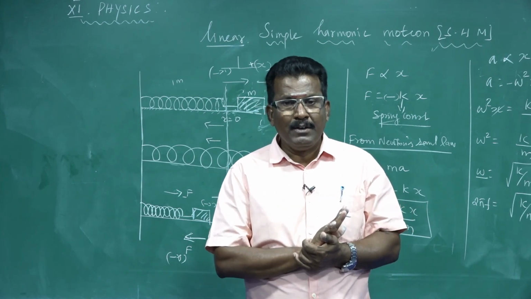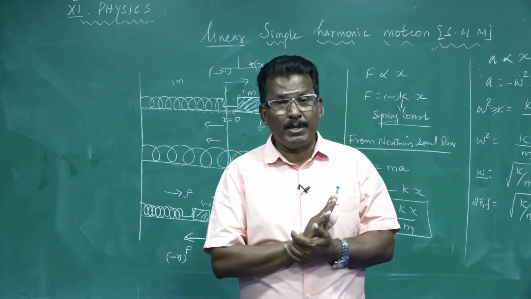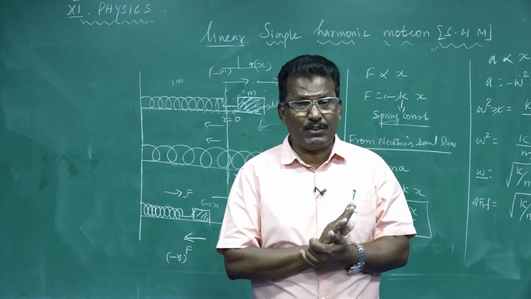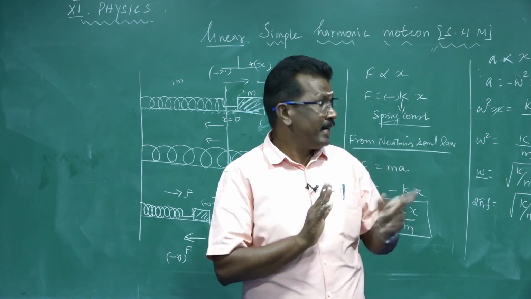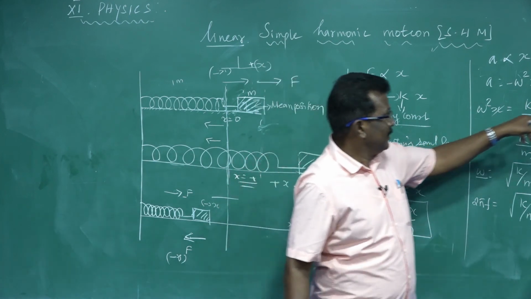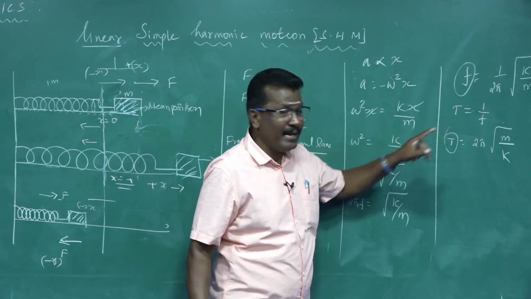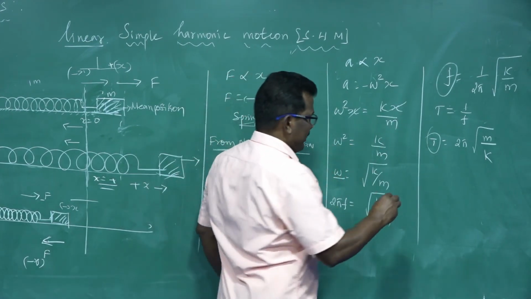Another condition is that the time period and frequency must obey the inertial factor as well as the spring factor. See that the frequency and the time period, f and T, are independent of amplitude.